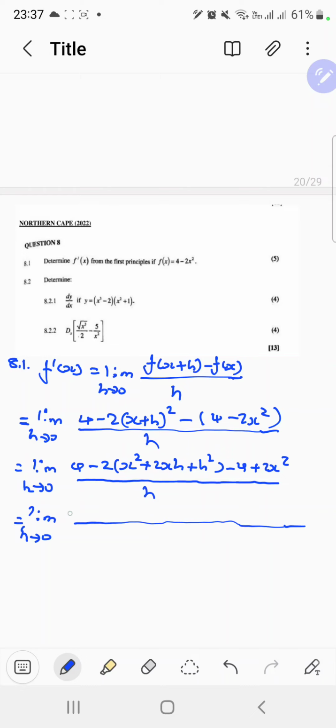So we FOIL this one out, so it's going to be 4 minus 2x squared minus 4xh minus 2h squared minus 4 plus 2x squared over h.